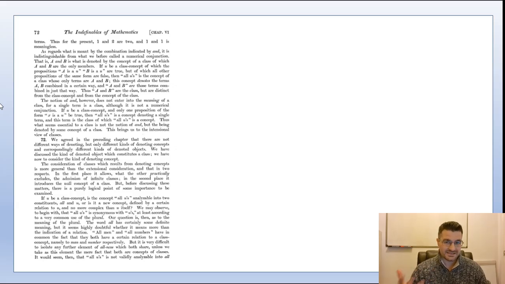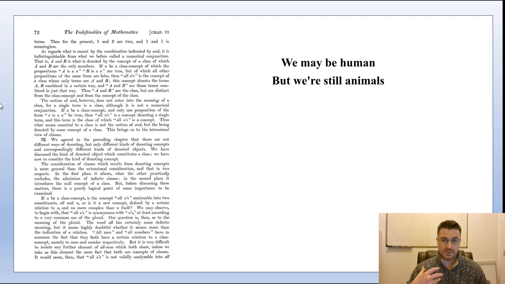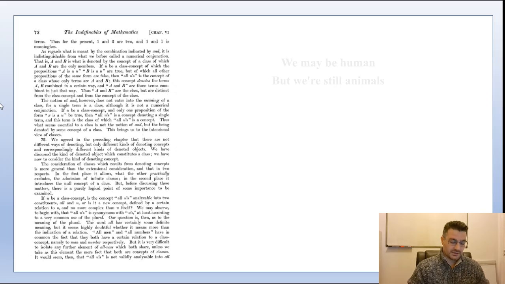So this has practical limitations, although what we'll find later on in this chapter is that Russell does consider it a purely practical limitation and not a theoretical limitation to enumerate the terms of a class.